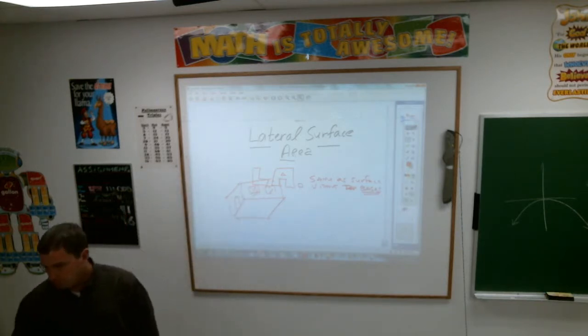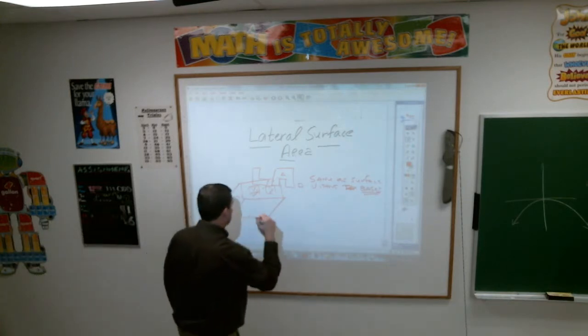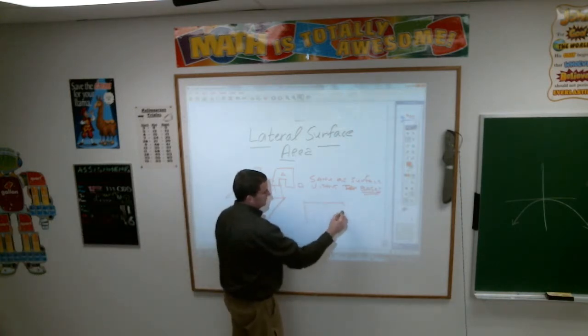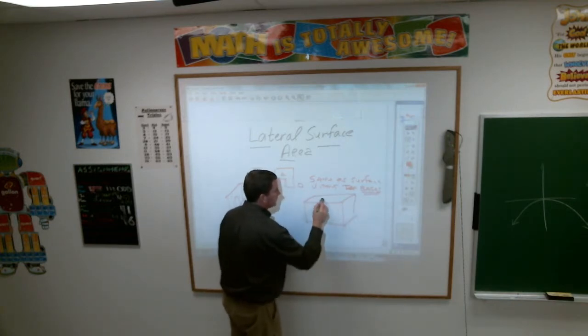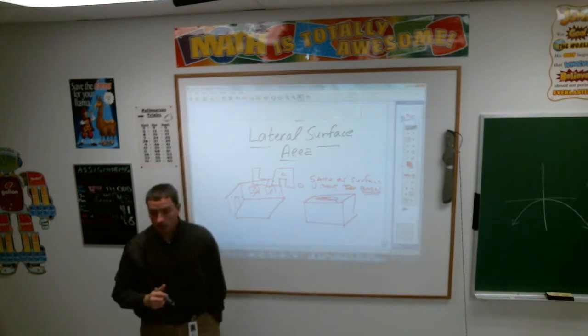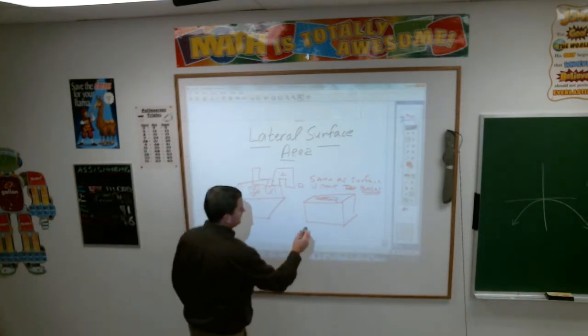Matter of fact, there's a problem in the book that gives you the lateral surface area of a tissue box. And the tissue box looks like this. Here's my tissue box. Tissues in it. Of 9, 5, and 4.